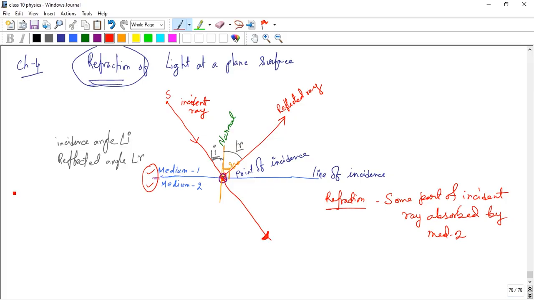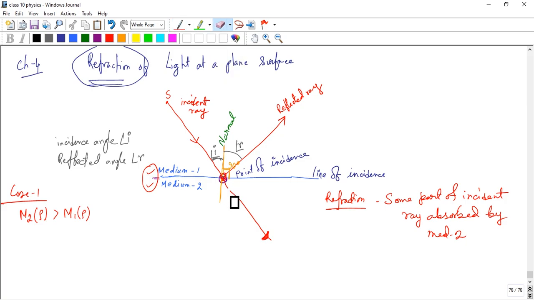Case number 1: the density of medium 2, rho being the symbol of density, is greater than the density of medium 1. So in refraction, light goes from a rarer medium to a denser medium.